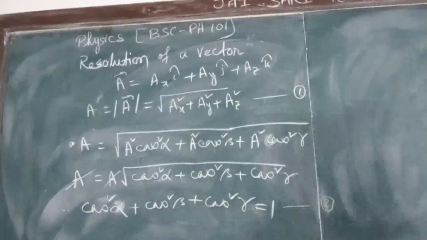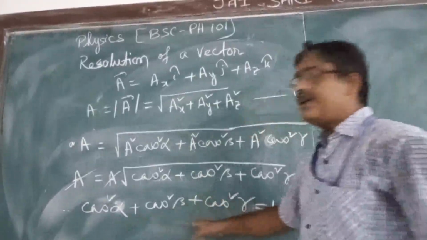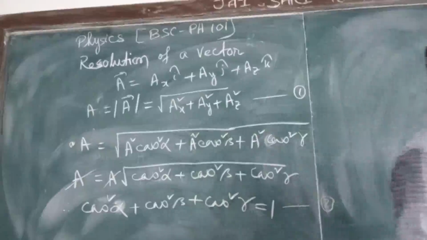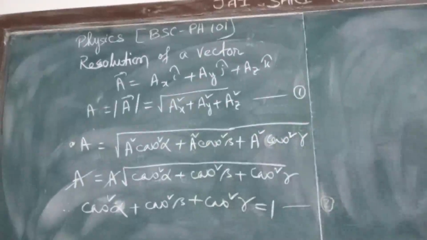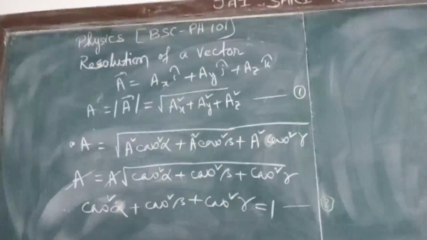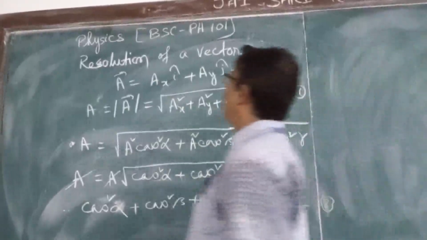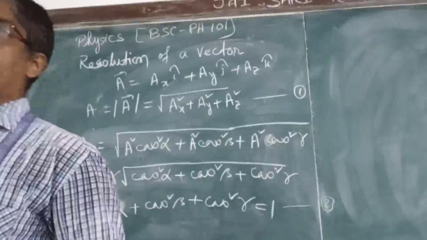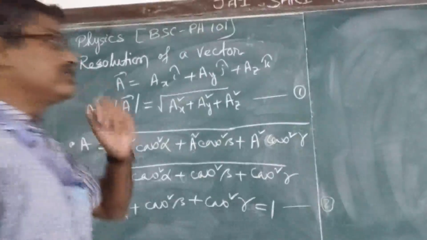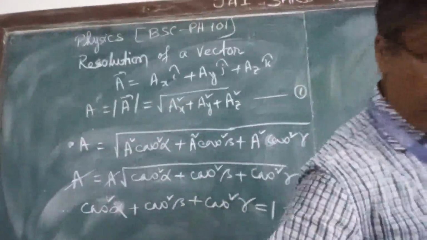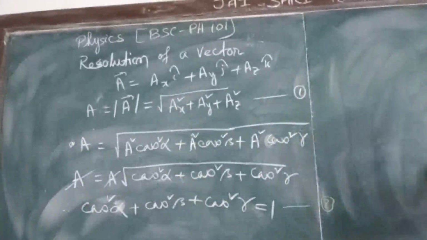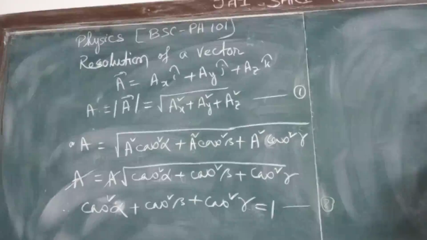So cos square alpha plus cos square beta plus cos square gamma equals 1. You must remember this, how we resolve the vector into 3 components, because you have to apply it later in the higher semesters also.